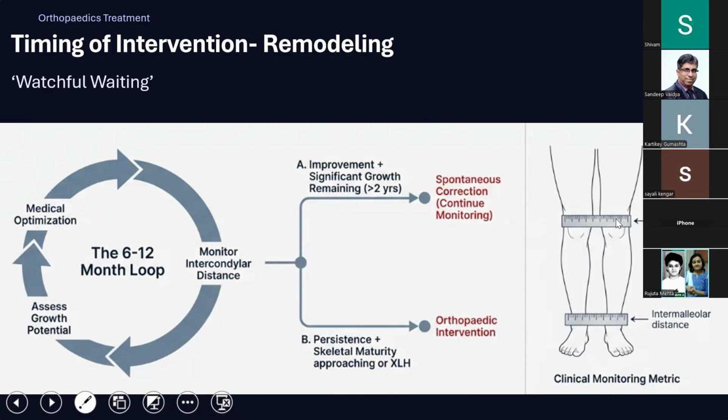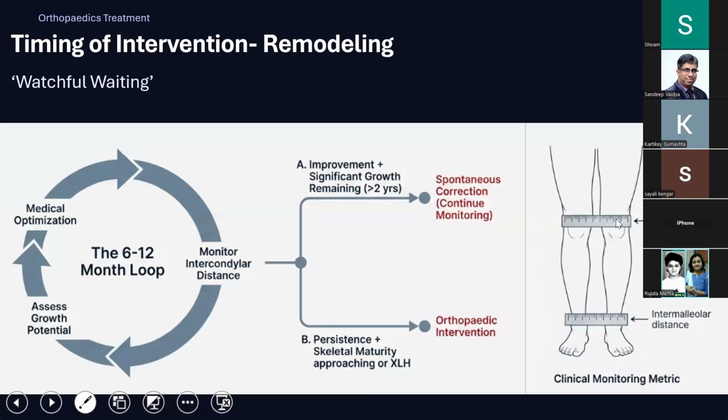If in 6 to 12 months of follow-up there is improvement in the clinical monitoring metrics, such as intercondylar distance or intermalleolar distance, and there is significant growth remaining, spontaneous correction can occur. In such cases, we would prefer watchful waiting, or we will continue to monitor.